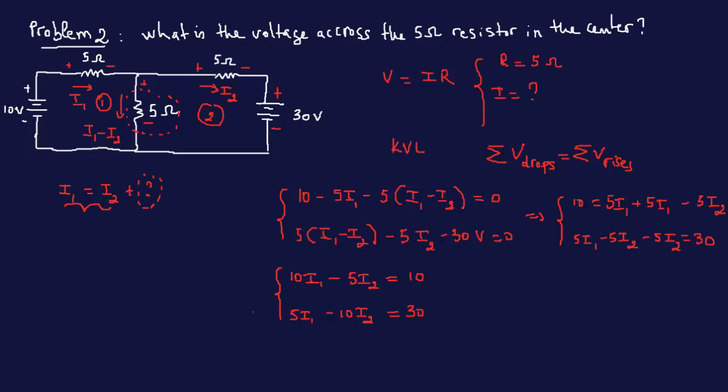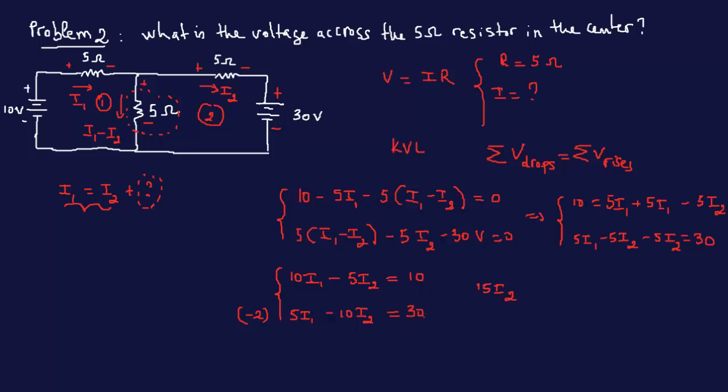So if we multiply by minus 2 here, and then we add, I1 will be gone because you have 10 minus 10, but then you have minus 5 I2 plus 20 I2, so that's 15 I2. Yes, 15 I2.